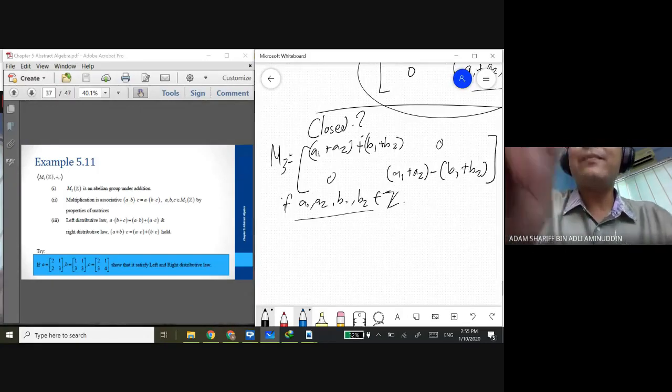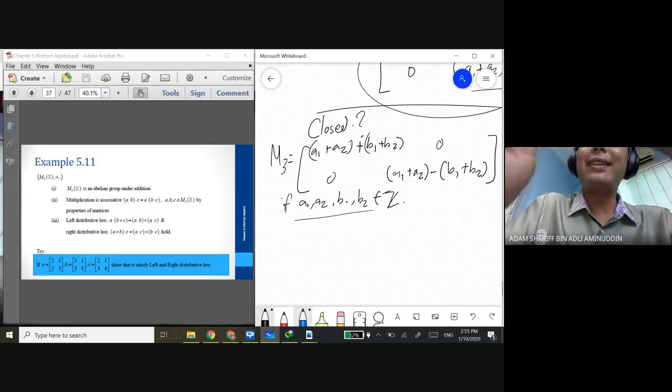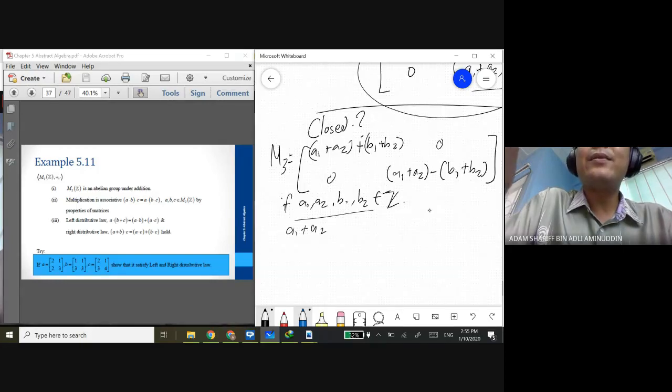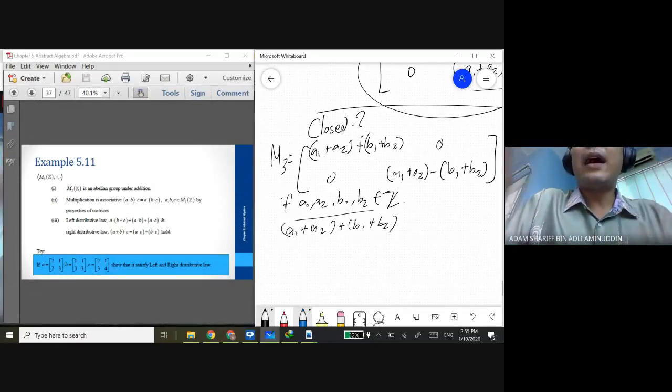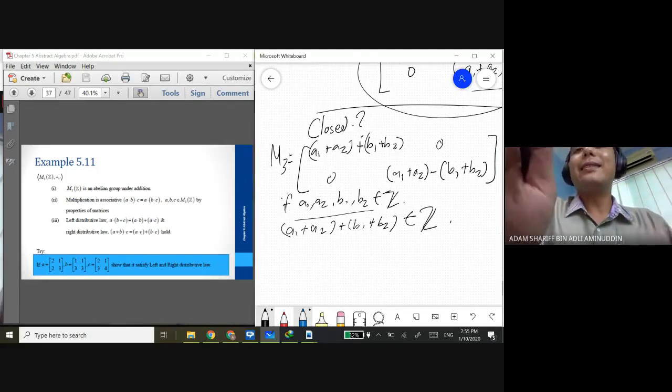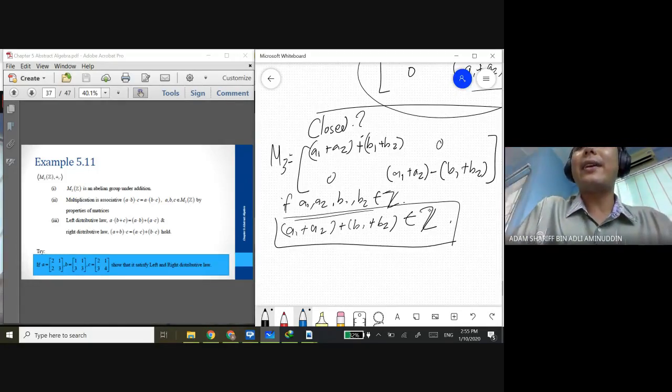Dalam ni integer lah. So, I need to have this statement. A1 plus A2 plus B1 plus B2. Okay, I can accept if the student answers only like this. This one that I seek for.